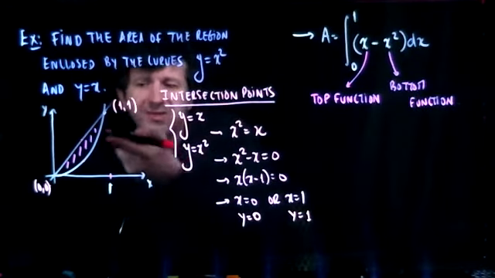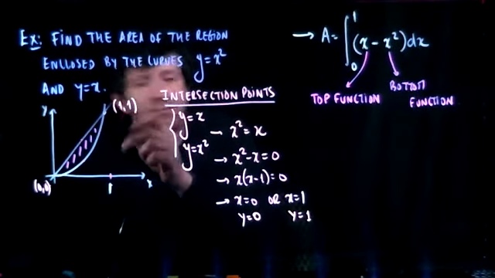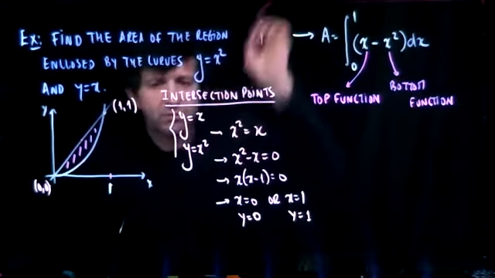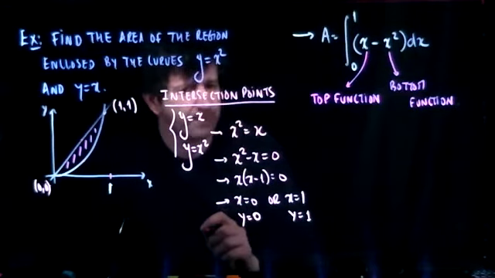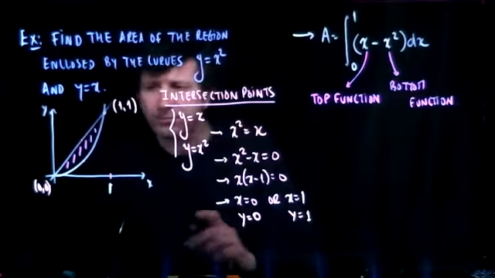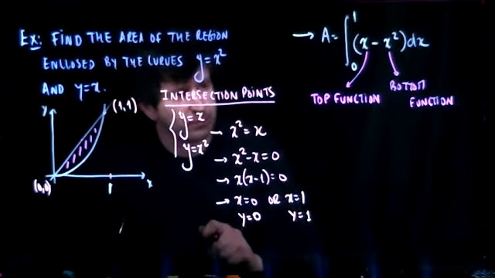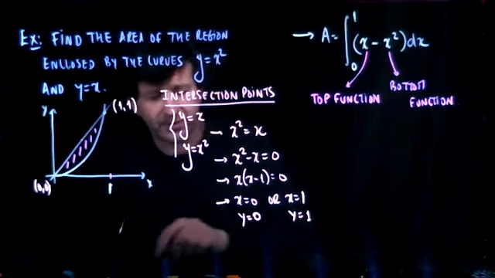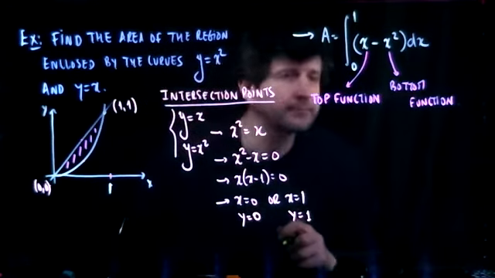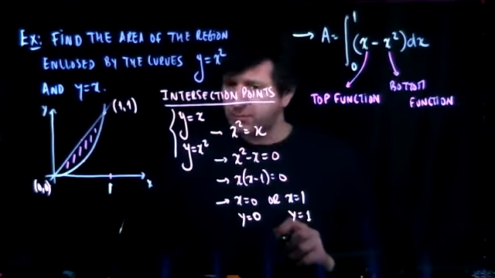In this case it's easy to draw precisely, but sometimes I don't care what the functions look like. Just make sure that you know when they intersect and which one's on top and which one's on the bottom, so that you can find the integral. Any questions?